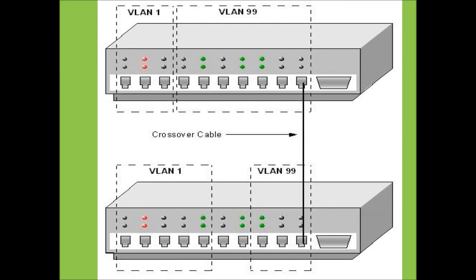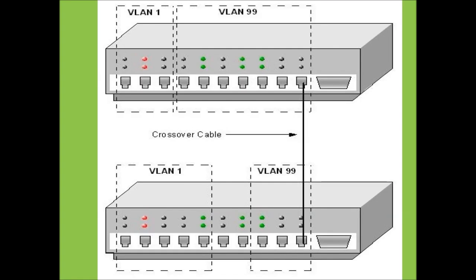You can see in this slide two switches, and there is VLAN 1 and VLAN 99. These are VLAN numbers, so VLAN 1 or VLAN 10 or VLAN 99. These are different numbers allocated to VLANs, and after that the logical division is shown over here.